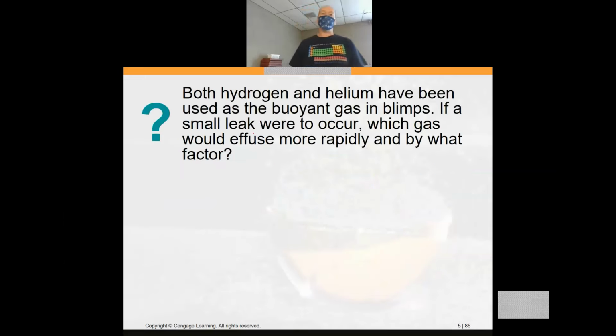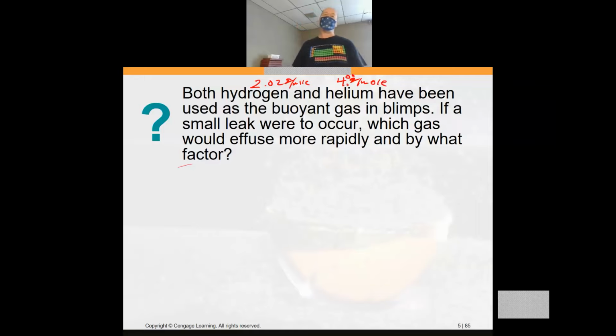All right, so both hydrogen and helium have been used as buoyant gases in blimps. If a small leak were to occur, which gas would effuse more rapidly and by what factor? You have hydrogen, which has a molar mass of 2.02 grams per mole. You have helium that has a molar mass of 4.00 grams per mole.